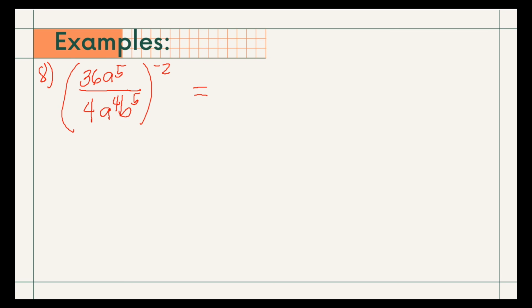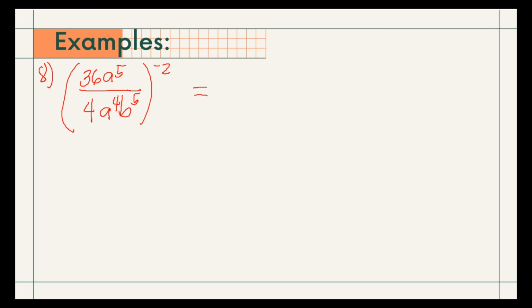Okay, let's have the last example. So we have 36 a raised to 5 over 4 a raised to 4 b raised to 5, and then raise natin tong by negative 2. So, kapag may masisimplify kayo sa loob ng parenthesis, so simplify nyo po muna.